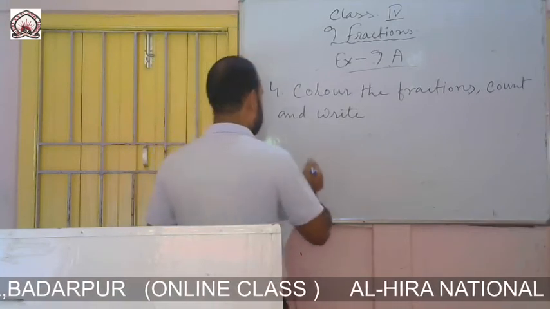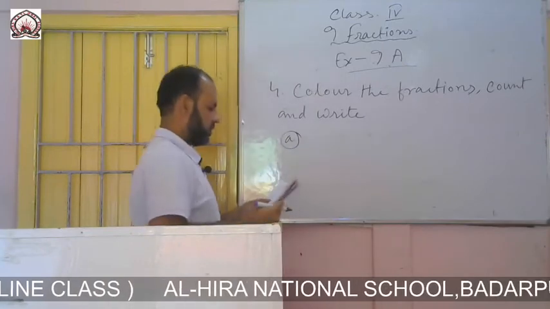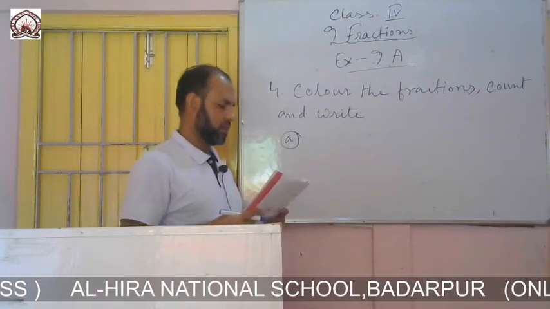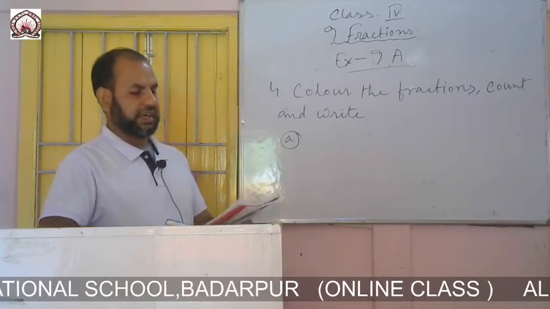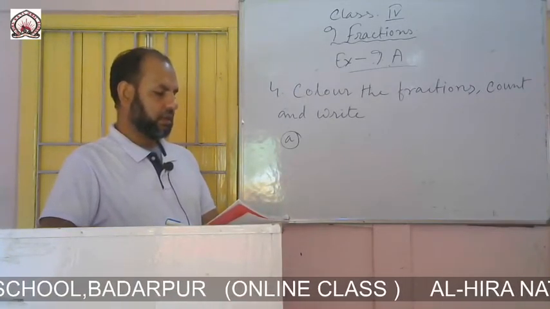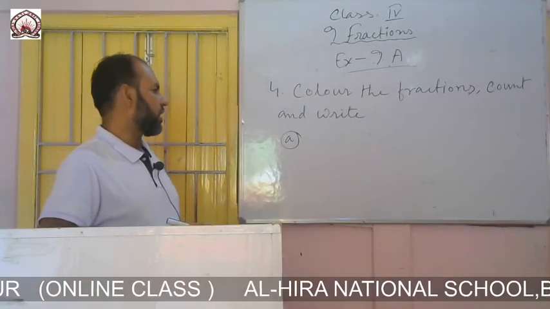Question number A. Here 8 small triangles are there. Out of 8 we take out 1/4.